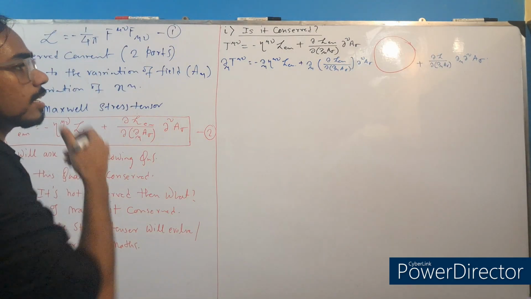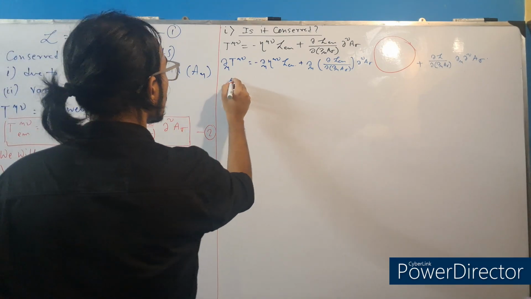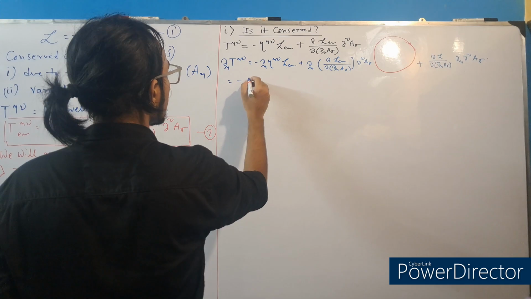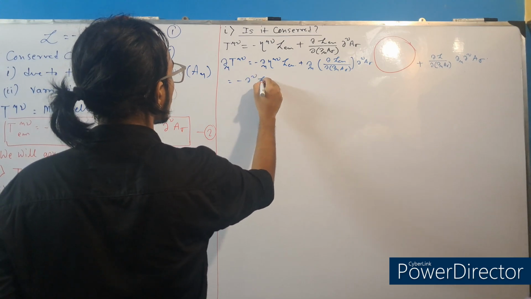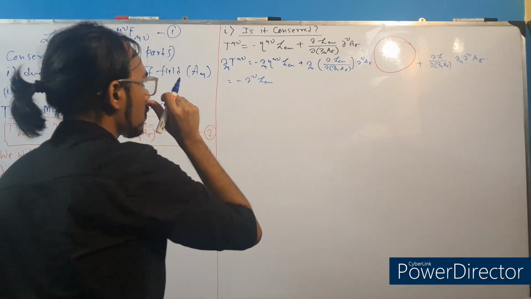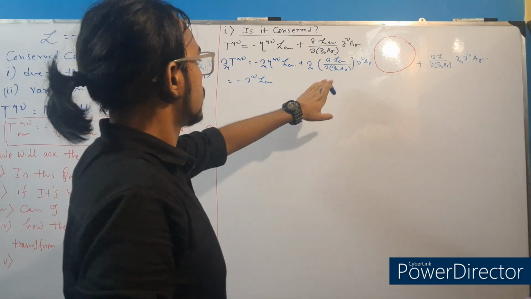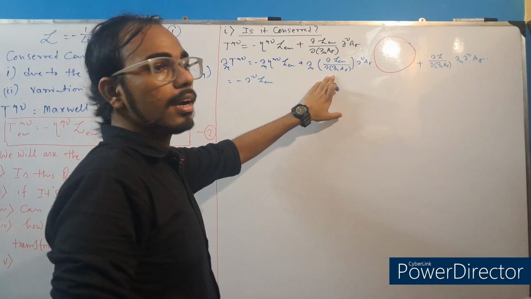Okay, I think you guys are comfortable. Now this is just a contraction, so it will give us ∂^ν L_EM. And this is to be noted: this is basically a part of the Euler-Lagrange equation.